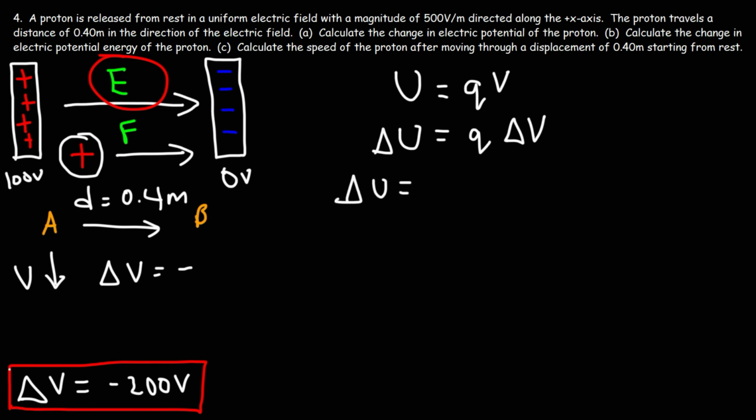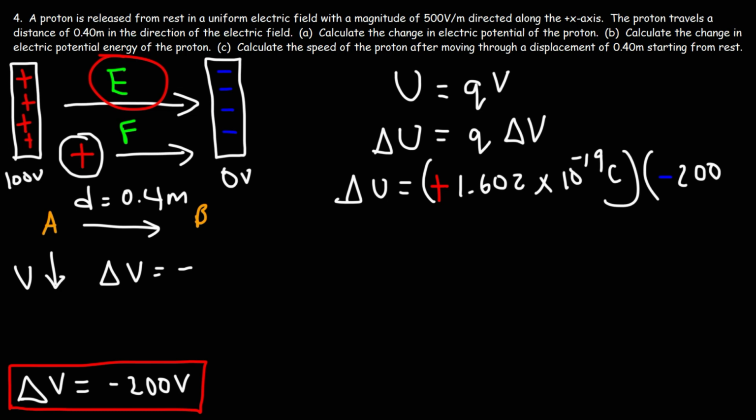So what is the charge of a proton? A proton carries a positive charge, and it's 1.602 times 10 to the negative 19 coulombs. These are just one of those numbers that you need to commit to memory. Now we have the change in voltage, or I would say the change in electric potential, which is voltage. That's negative 200 volts.